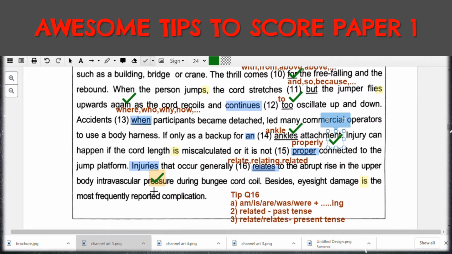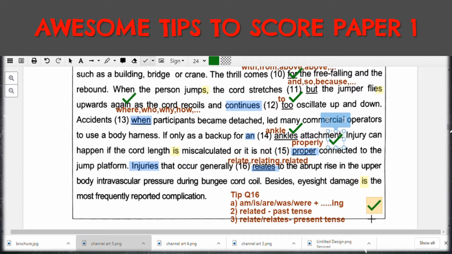Now look at question 16 here. Injuries that occur generally relates. So what are other possible answers that you can write? Relate, relating, related. But saying "relates" with the S is wrong. So you can only write relate, relating, related.